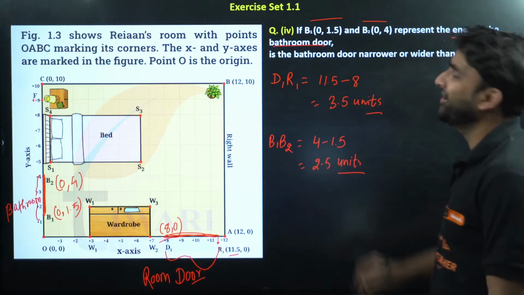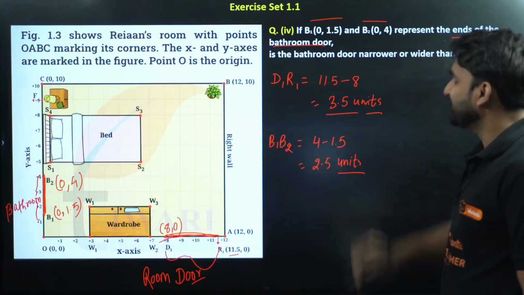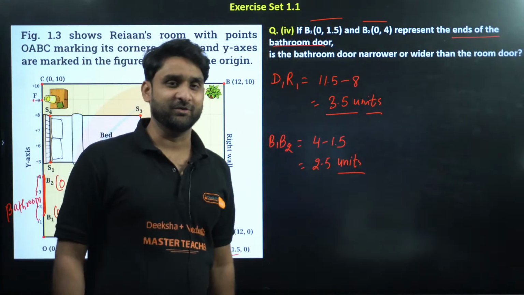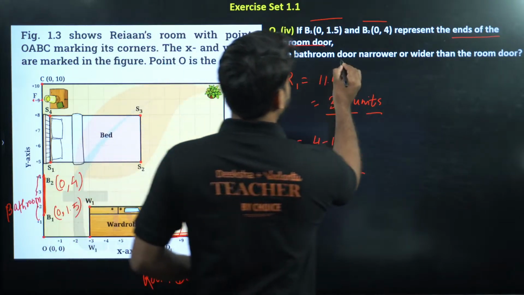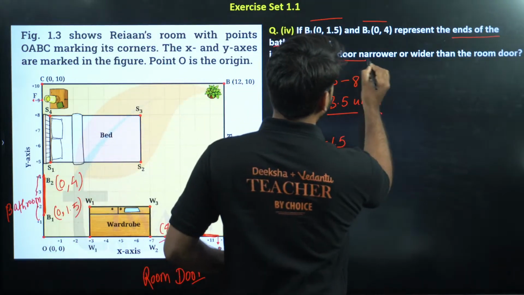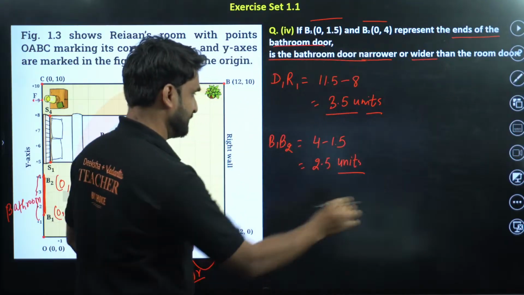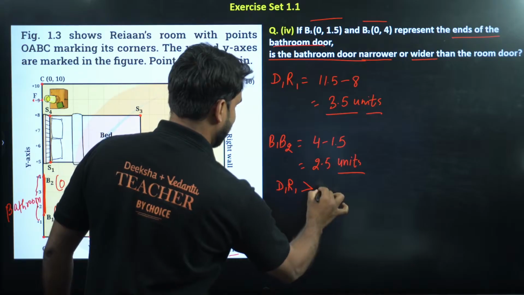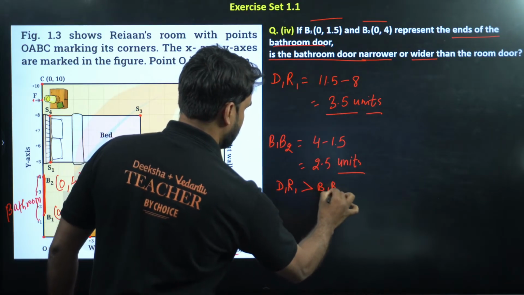The room's door is 3.5 units and the bathroom door is 2.5 units. So the question is, which is narrower and which is wider? So we can write here D1 R1 is greater than B1 B2.